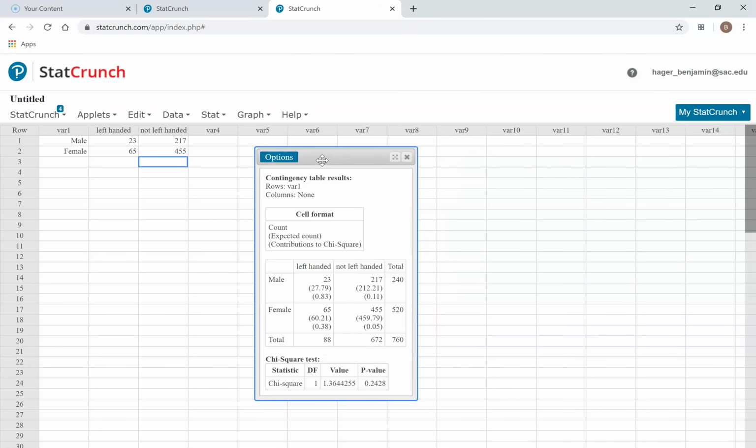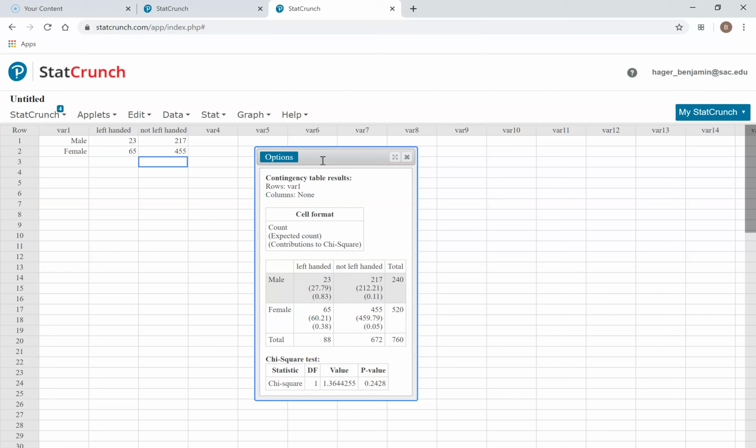So again, the way this reads, the first number you see is the observed count. Those are the numbers in the table here. The next number is the expected count of each one that the computer calculated for us. We did this one by hand, 27 point something, and we found that. And then the third number is the individual contribution.